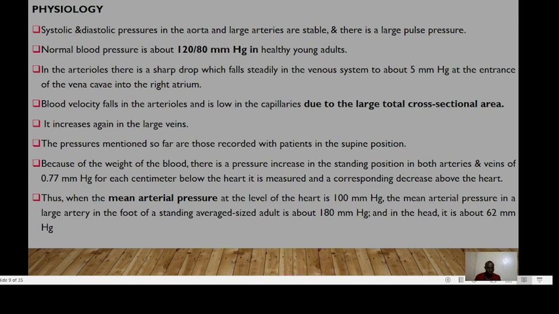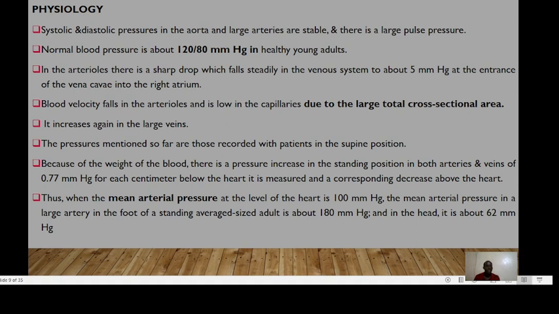In the arterioles, there is usually a sharp drop, which then falls steadily in the venous system to about 5 millimeters of mercury at the entrance of the vena cava to the right atrium. Blood velocity falls in the arterioles and is low in the capillaries due to the large total cross-sectional area. It increases again when it gets into the large vessels.